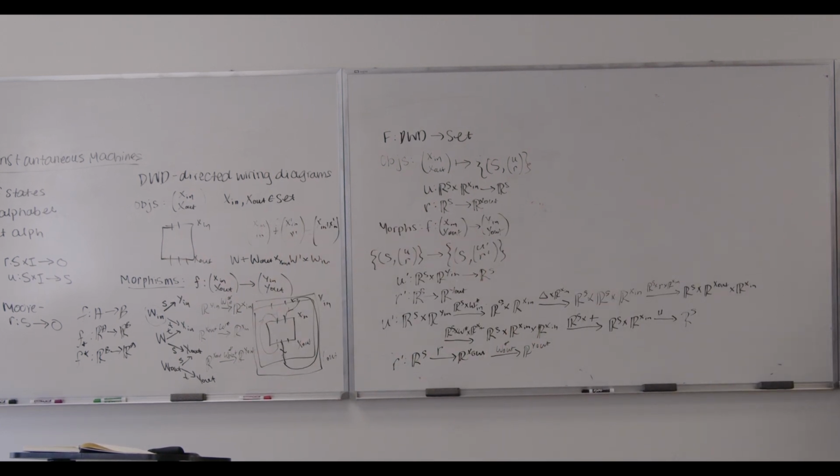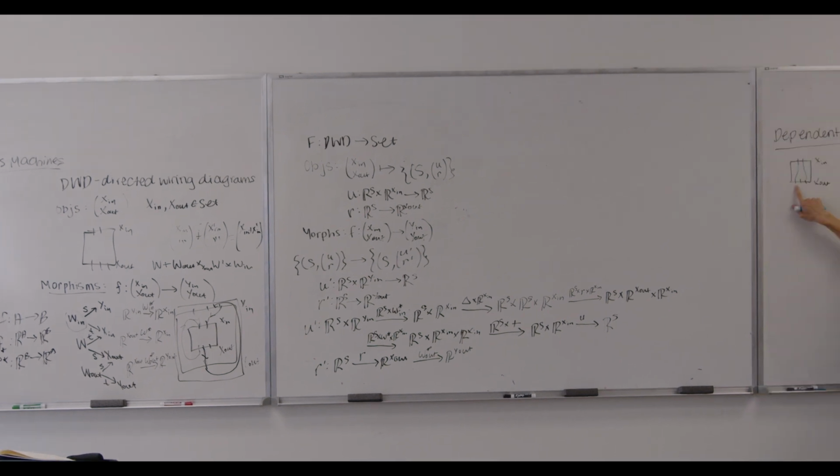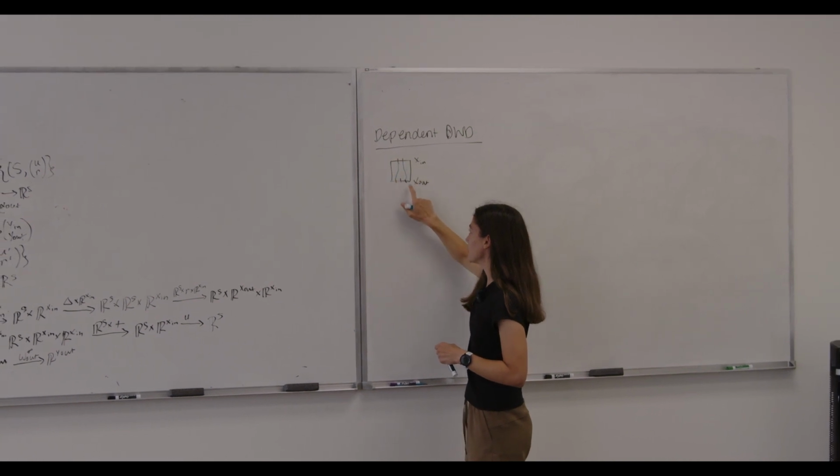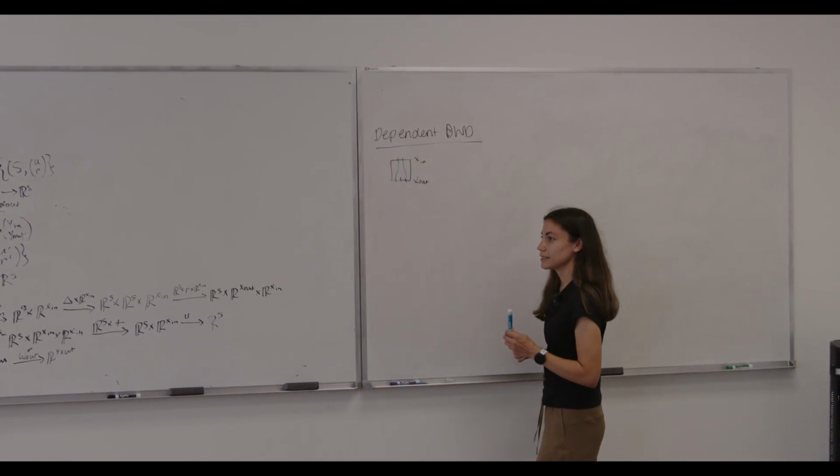We do want some x in, x out. But we also have an additional thing here, which is dependency, because I can now have my output depend on my input. So here's one example I could have: this output depends on what I input here, and this output depends on what I input here.